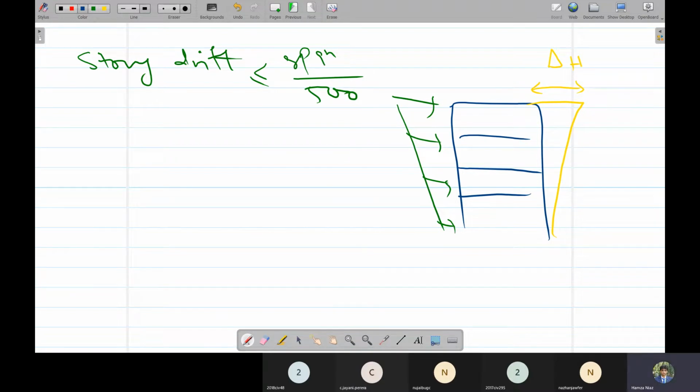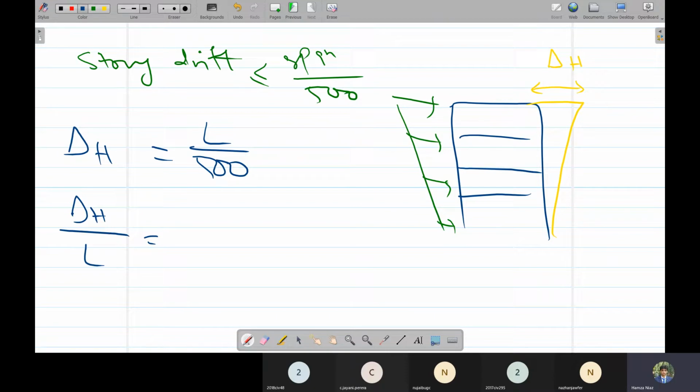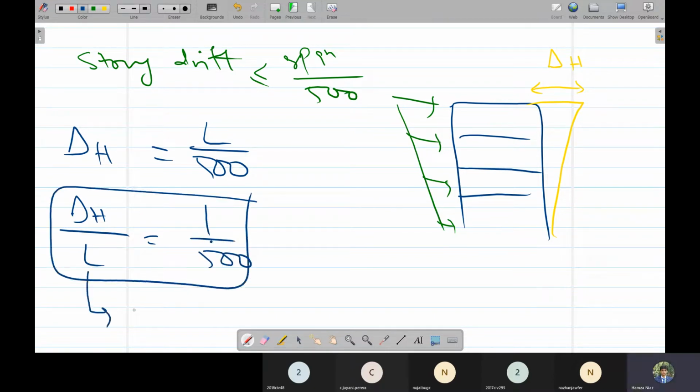If it is written that story drift delta H should not be greater than span over 500, or L by 500, take L to this side, it would become 1 over 500. So this delta H over L is the drift index, the story drift index. We can be given story drift or story drift index, any one of these.